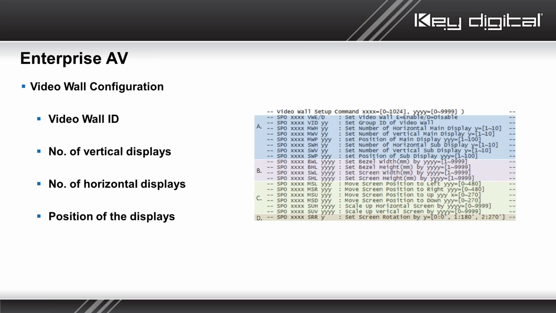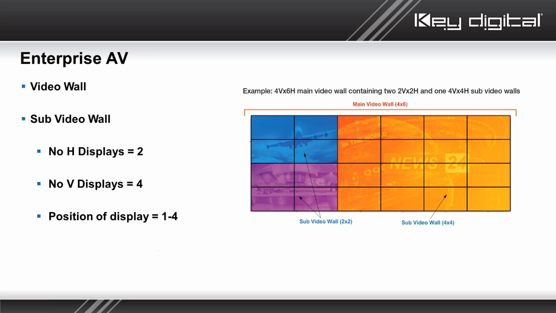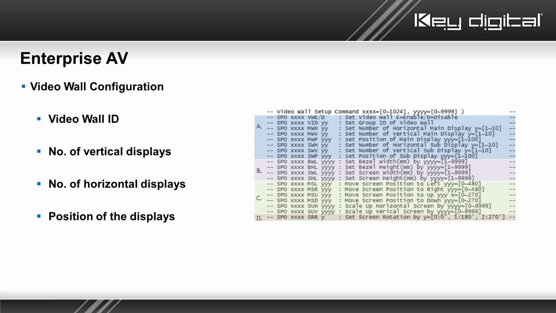And again, I'm just rewinding here, but these are the basic ASCII strings that are published in the owner's manual. But then we also have the KD Wizard software that'll make this very easy for you. We look at each sub video wall, and you could send the number of horizontal displays, vertical displays, and the position within. So you could see it all here in the commands.